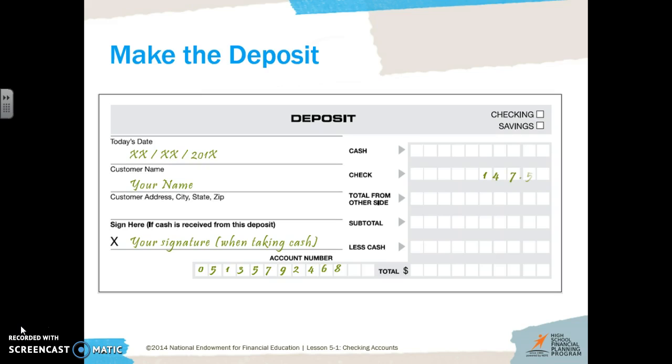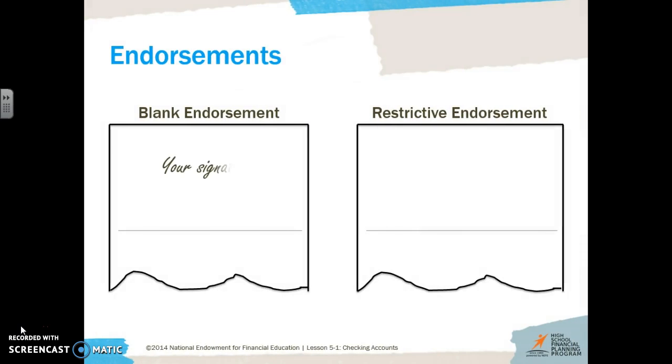You have to write your account number and any of the information that you are depositing. So a check for $147.58, if you're keeping $25 of that, then your total would be $122.58 that you were depositing into your bank account, and you're keeping $25 in cash for yourself.